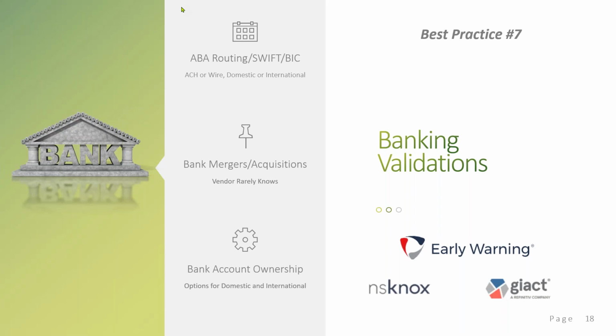The last one I am aware of, and I believe it was either early this year or late last year, was BB&T and SunTrust. They merged to a new bank called Truist, and that new bank has a new routing number. So how many vendors in your vendor master file are using BB&T and SunTrust routing numbers?